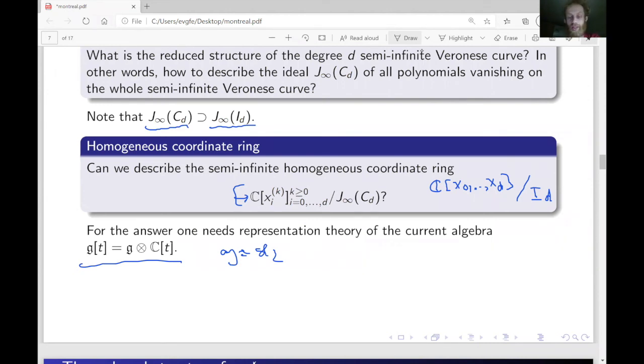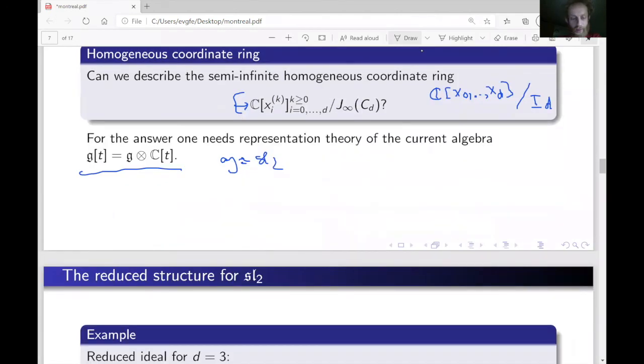And their structure is also described in terms of the representations of this G tensor C of t, this current algebra. Maybe we'll say something later, but I'm not sure that too much. But indeed, this is a very natural object here.